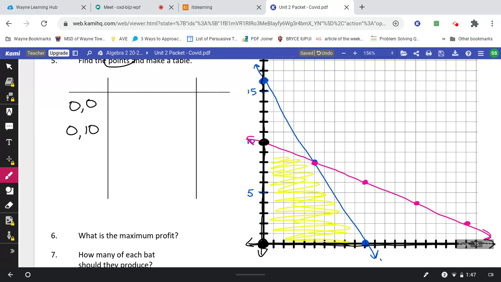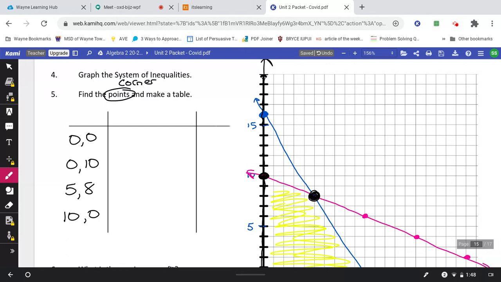This one that's covered with pink and blue right here. Let's see, count very carefully. That looks like 5, 8. And then this one all the way over here looks like 10, 0.